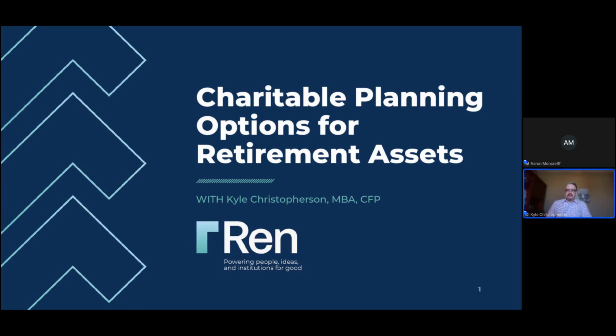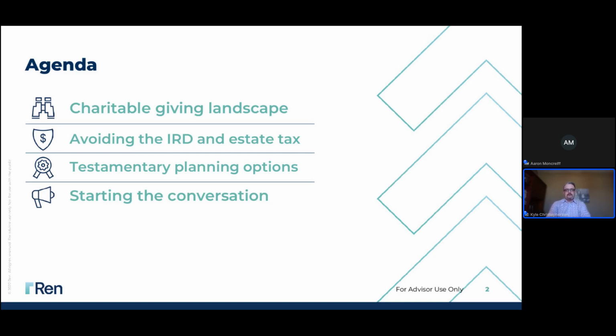Today, some of the topics we're going to cover: we're going to really quickly go over the charitable giving landscape. What is the opportunity for charitable giving here in the United States? We're going to talk about the issue with the IRD tax, income in respect of a decedent, and also the estate tax and the impact it has on retirement plan assets.